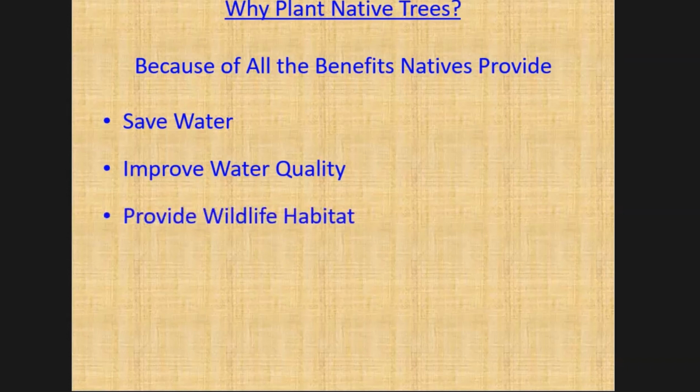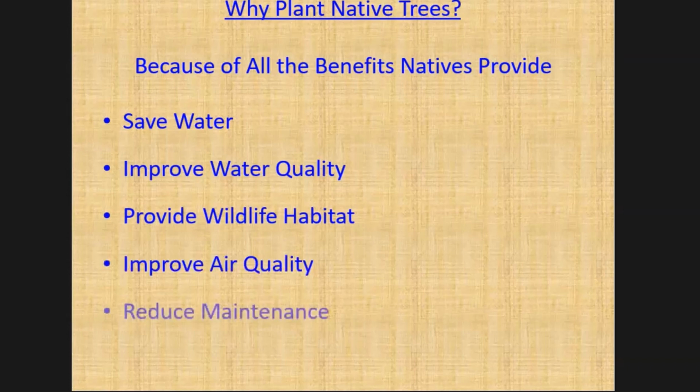They provide wildlife habitat, of course. They improve air quality, and they reduce maintenance. When you use native plants, you're not going to be working as hard. They kind of take care of themselves once they're established.